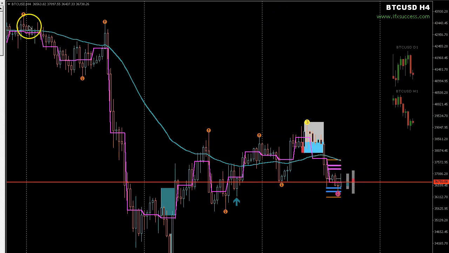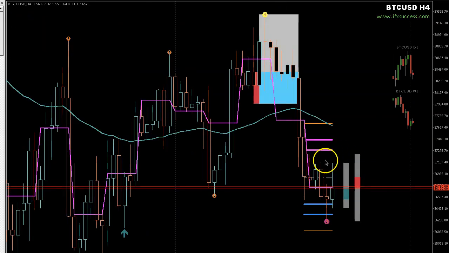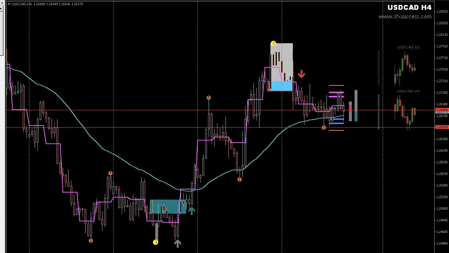So again, I'm going to make this bigger. We would like the entry to happen as close as we can to this zone right over here. So I'm going to show you an example that happened today on CAD. There was an entry that happened today. So what was going on? We have a 4-hour block, right? The market went down. We had a small retracement back to the resistance zone.